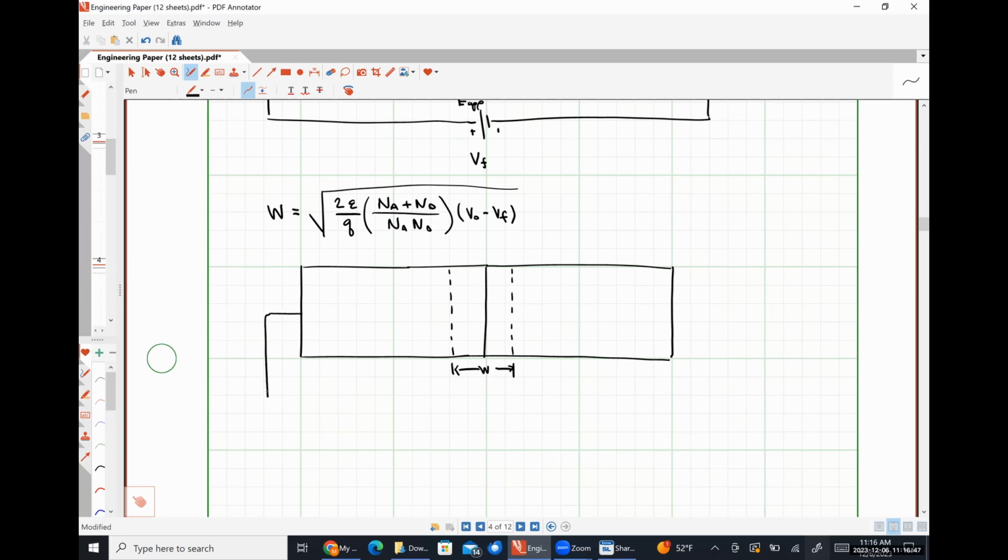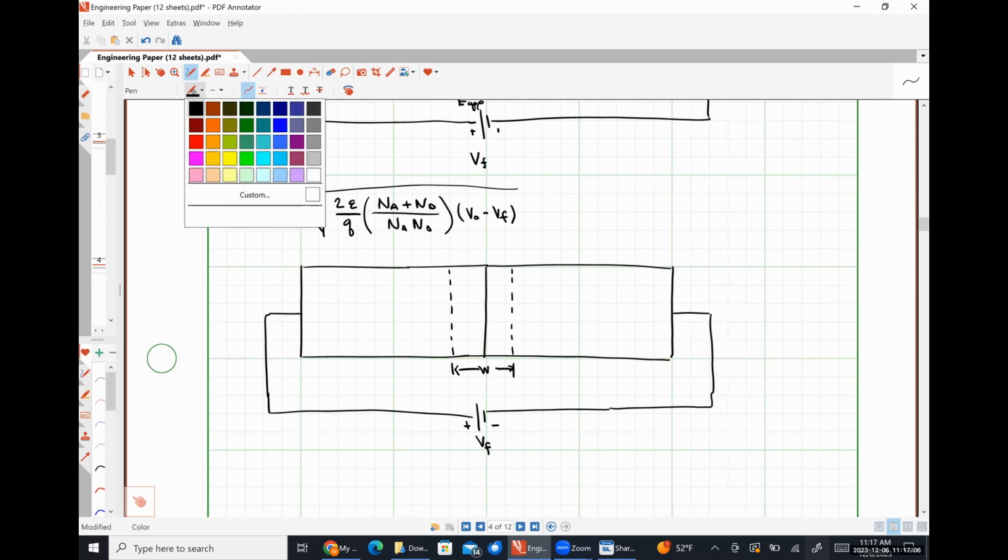I'm going to make sure that I actually remember to draw that this thing is biased so that we understand what's happening. And let's see here.